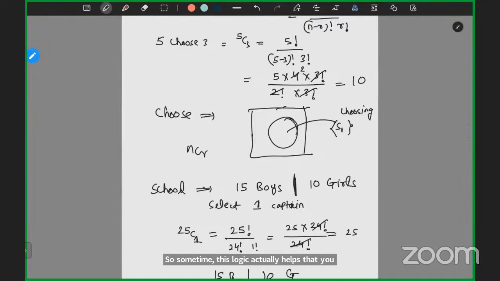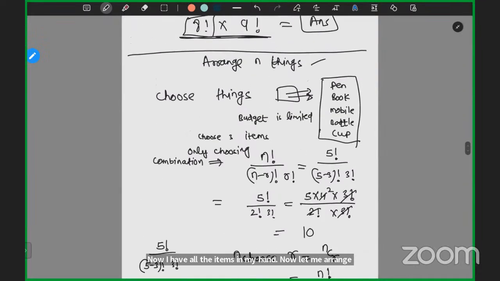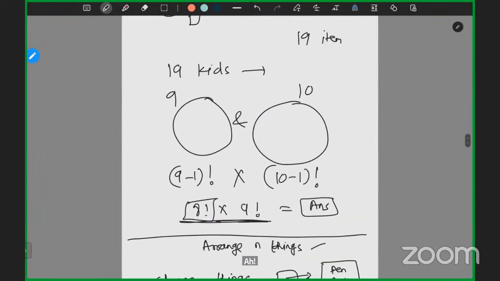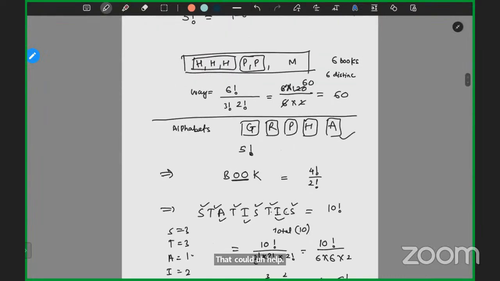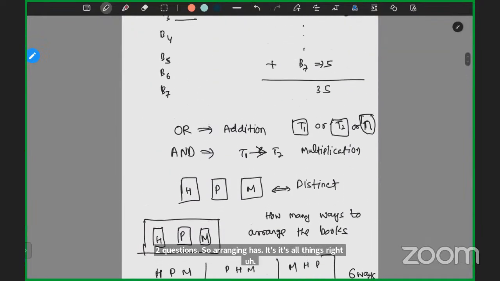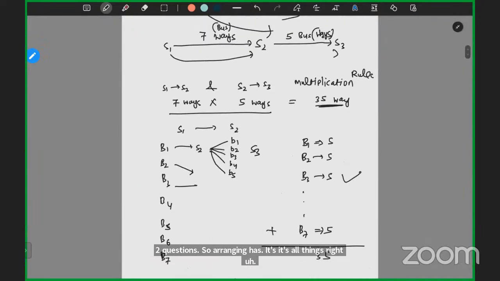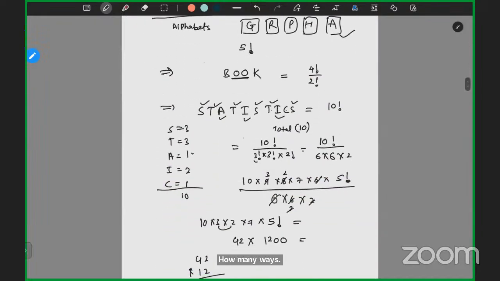Now I have all the items in my hand. Now let me arrange it. That could help in few questions. So arranging has all its things, right?